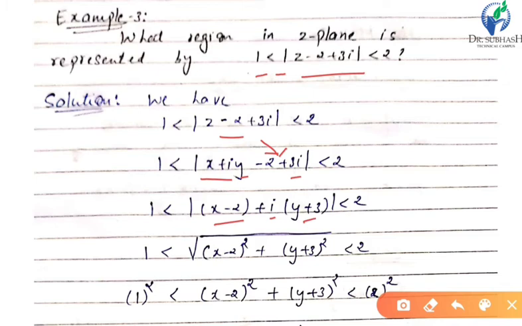Now I will apply the formula of modulus: under root of x² + y², that is, under root of real part squared plus imaginary part squared. Here the real part is x - 2, so we put √((x - 2)² + (y + 3)²).